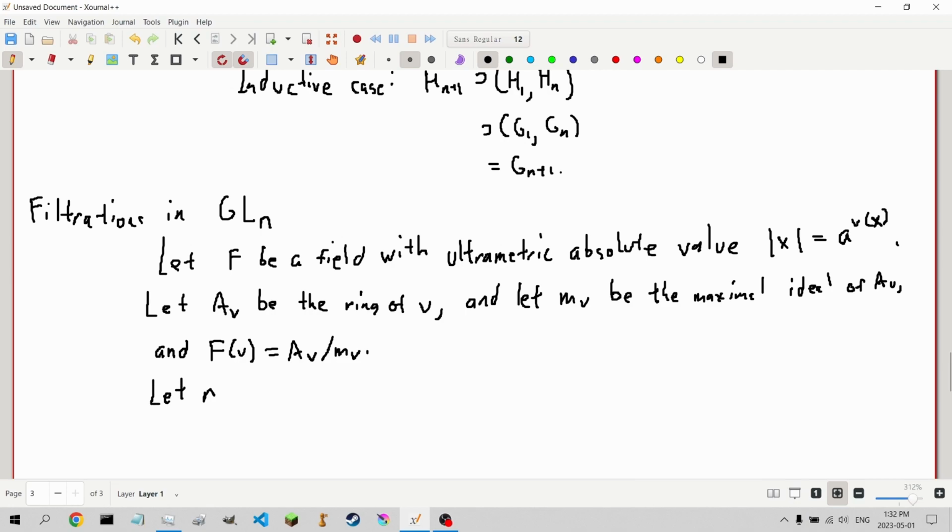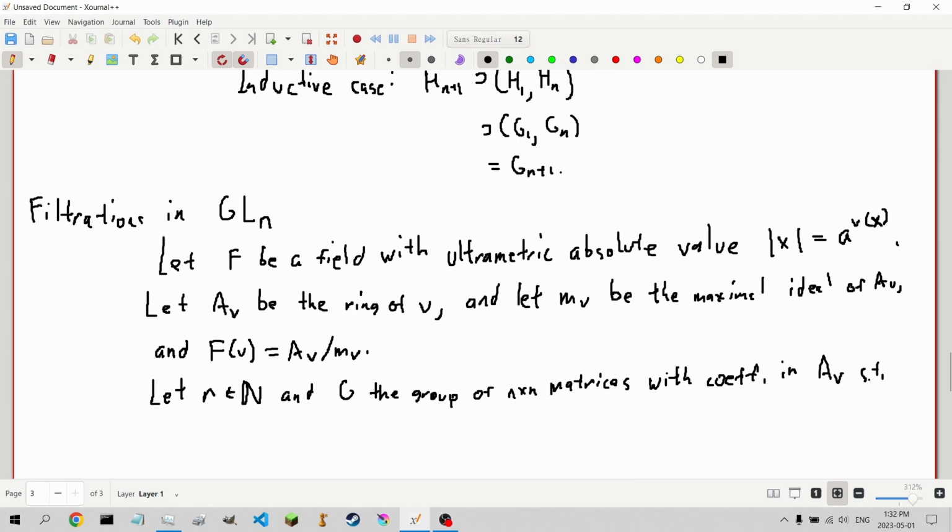Let n be a natural number and we're going to let G be the group of n by n matrices with coefficients inside of AV such that this matrix g is going to be isomorphic to 1 mod MV.